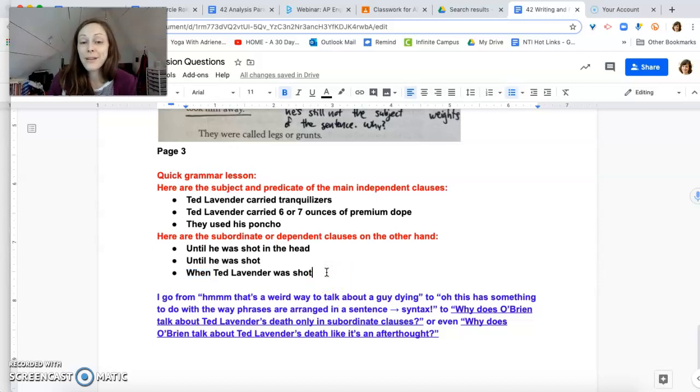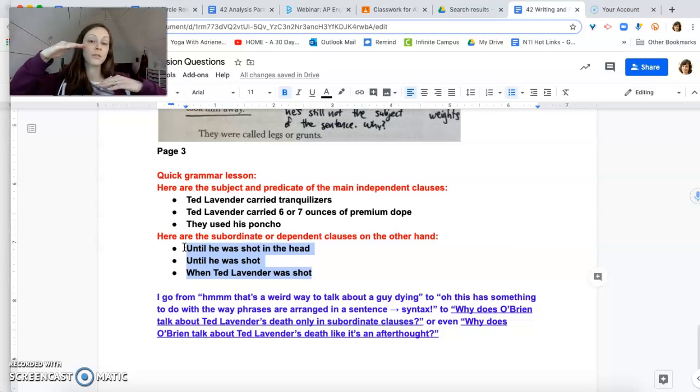So the only way we are ever introduced to Ted Lavender being shot in the opening of the book, which is kind of a jolting thing, is when his death is mentioned not as the subject, but as an afterthought, as a subordinate, a less important piece of information.